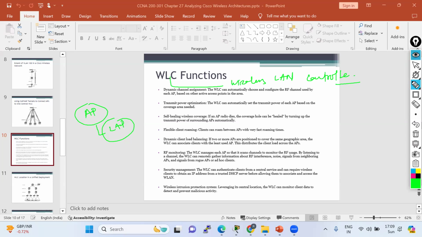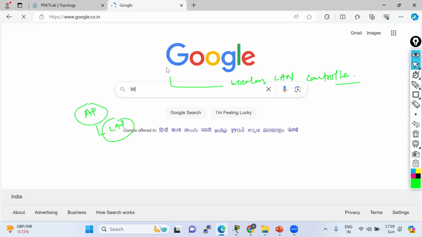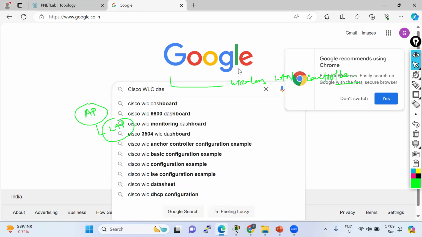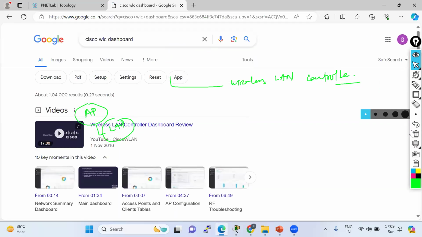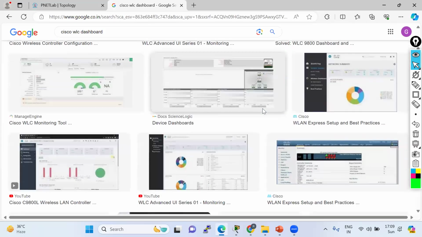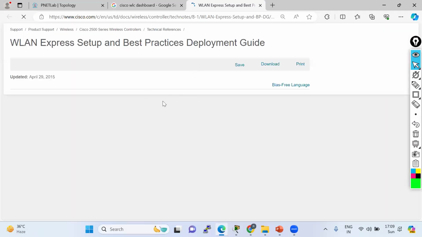Let me show you how the WLC dashboard is going to look, so at least you will get some idea. So let me go there. Cisco WLC dashboard. If you see here, go to the images. Let me show you the legacy one. You can see this is the WLC. You just have to log in to this WLC, right?